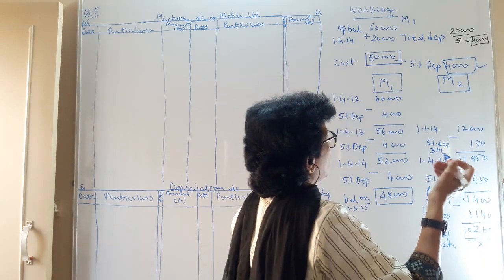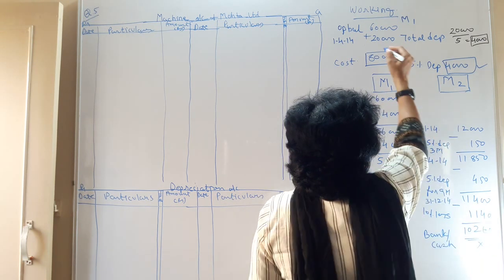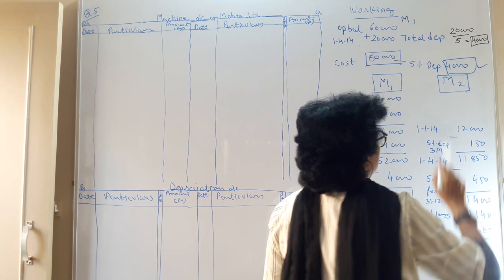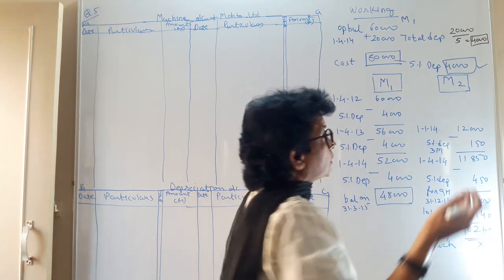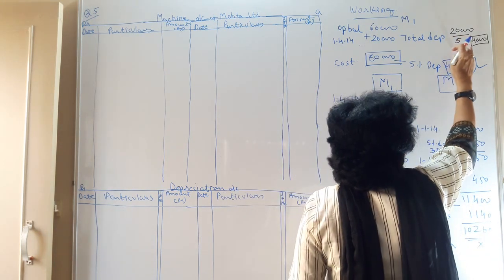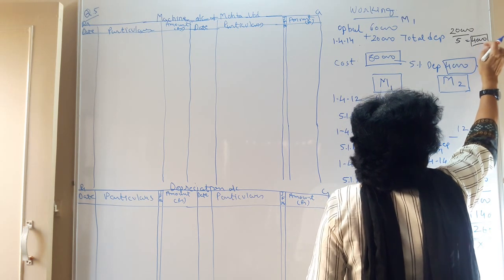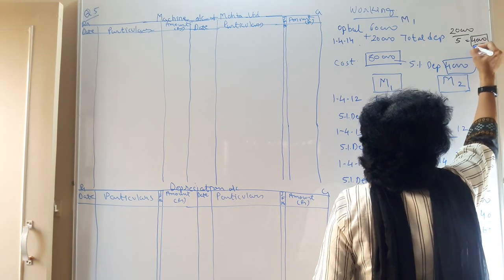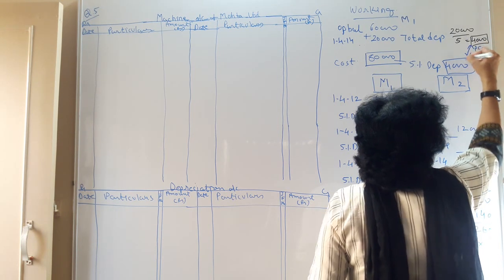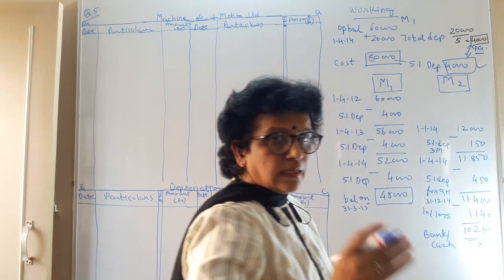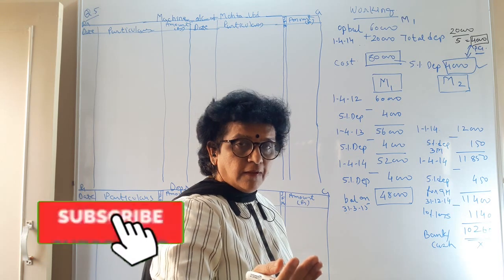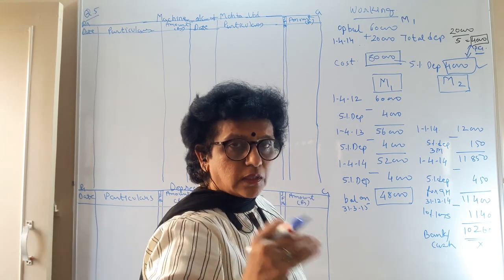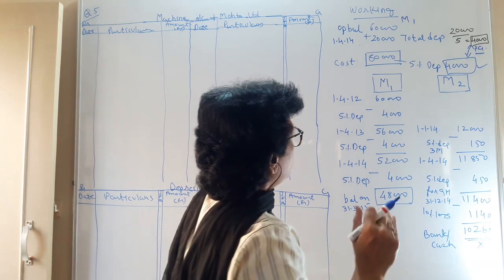Let us see whether what we are saying is correct or not. They have said that 20,000 they have already depreciated for 5 years. So 20,000 divided by 5 is equal to 4,000 per year. So per annum they have depreciated 4,000. So both figures tally with one another. We have done the check by this method also, and we have got the depreciation value for M1 proper.